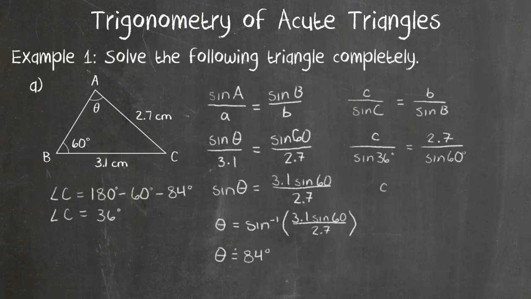Multiply both sides by sine 36, giving me c is equal to 2.7 times the sine of 36 degrees divided by the sine of 60 degrees. Using our calculator, we get an approximate value for c of 1.8 centimeters. So my triangle is solved. I found every angle and every missing side.